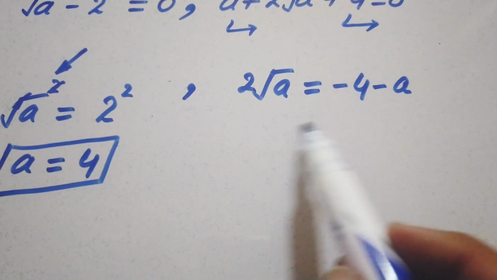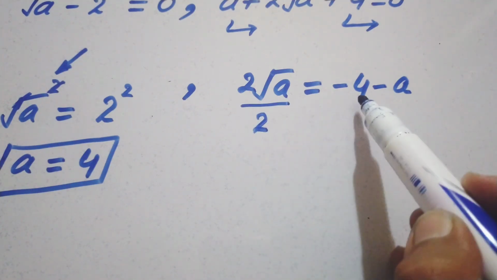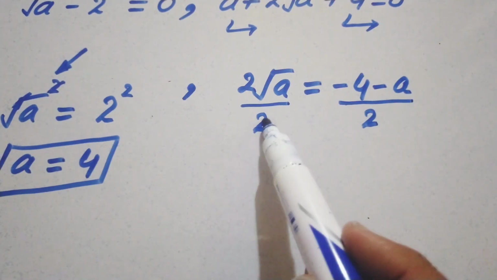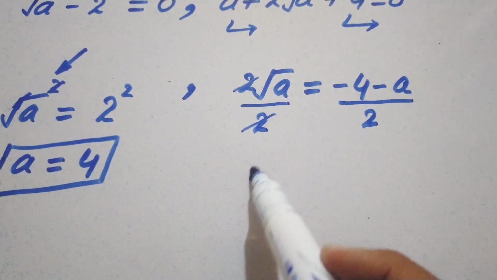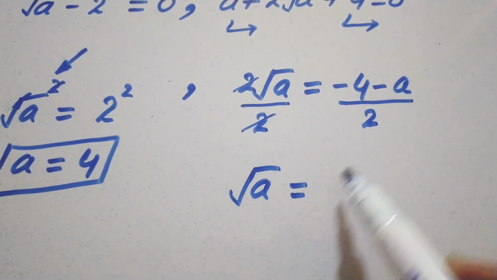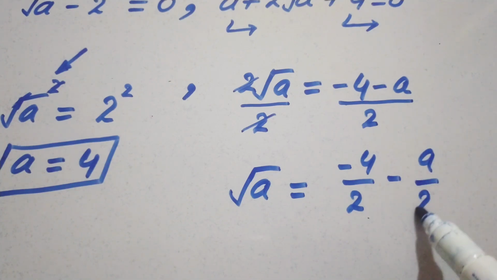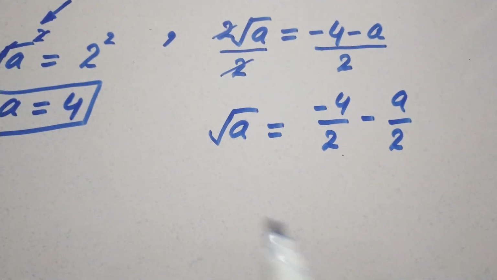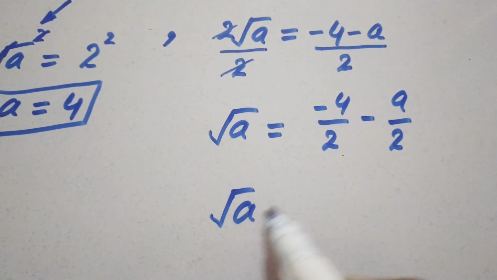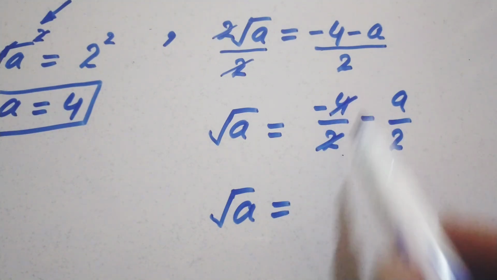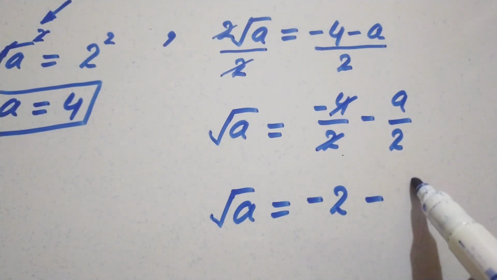Now dividing both sides by 2, this 2 and 2 cancel out each other. Square root of a is equal to minus 4 by 2 minus a by 2. So now square root of a is equal to minus 2 minus a by 2.